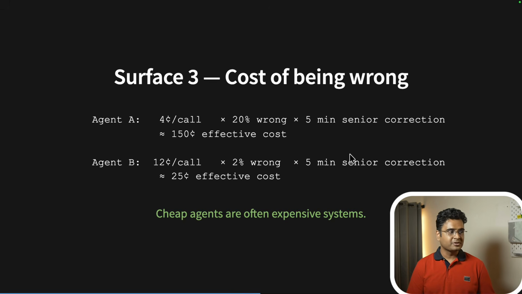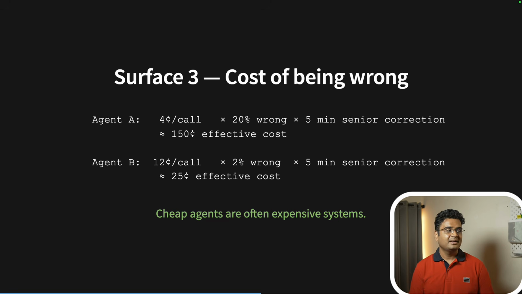And the third failure surface is the cost of being wrong. Here's the uncomfortable truth, guys. When an agent produces a wrong output, one of two things happens downstream. Either a human corrects it, and that human minute also has a cost, or the wrong output propagates and the cost of recovery is even higher.